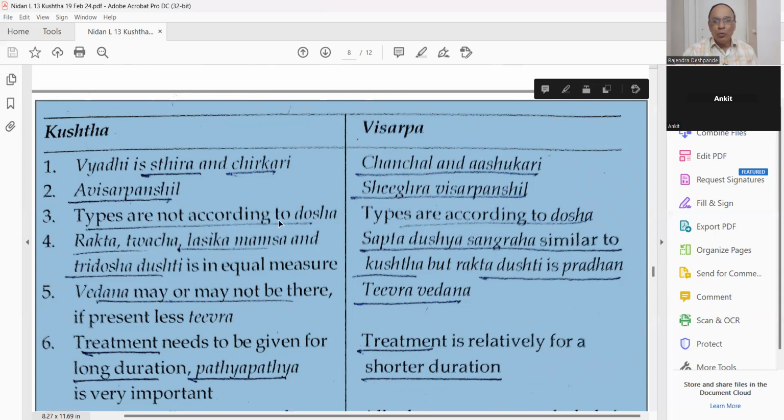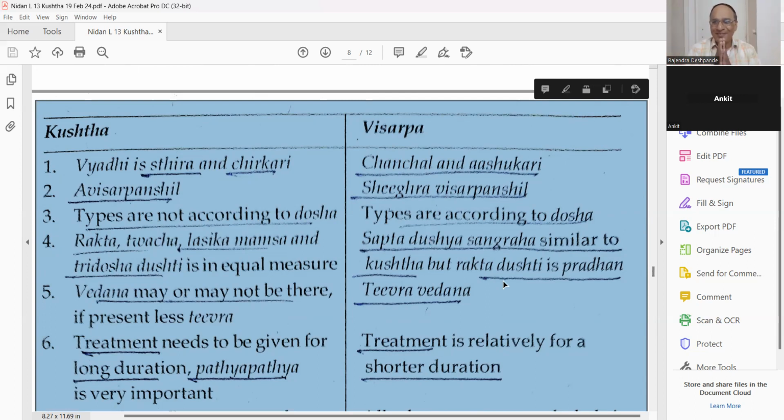Types are according to dosha: Vata Visarpa, Pitta Visarpa, Kafaja Visarpa. Here, Sapta Dushya Sangraha. You remember that? In Kushtha, Rakta, Tvacha, Lasika, Maus and Tridosha Dushti are equal. But here, Sapta Dushya Sangraha is similar to Kushtha, but Rakta Dushti is Pradhan.